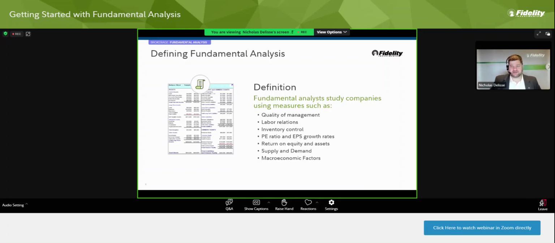This is also building into that if you're doing your own analysis, a lot of these professional analysts will look at 10 companies at once, and that's all they look at all quarter long. They're going to be looking at quality of management, labor relations, inventory control. Is there a trend in earnings, etc.? And likely they're all going to be in the energy industry.